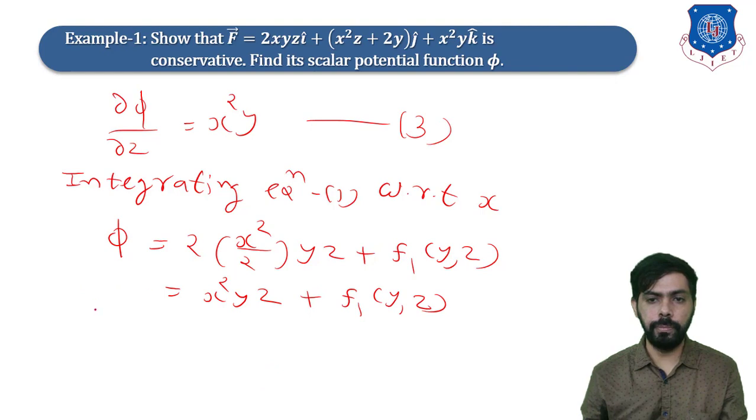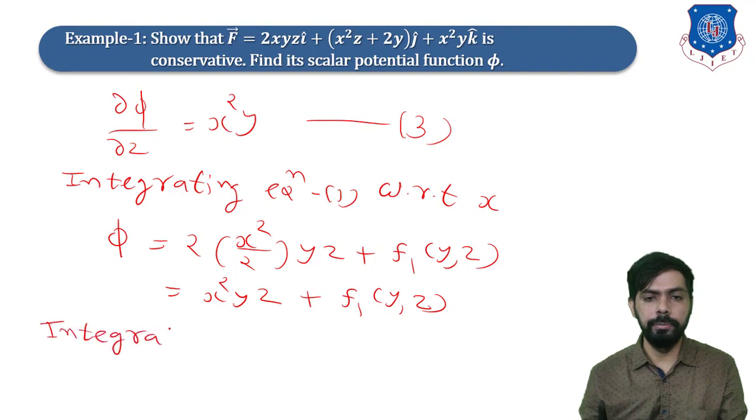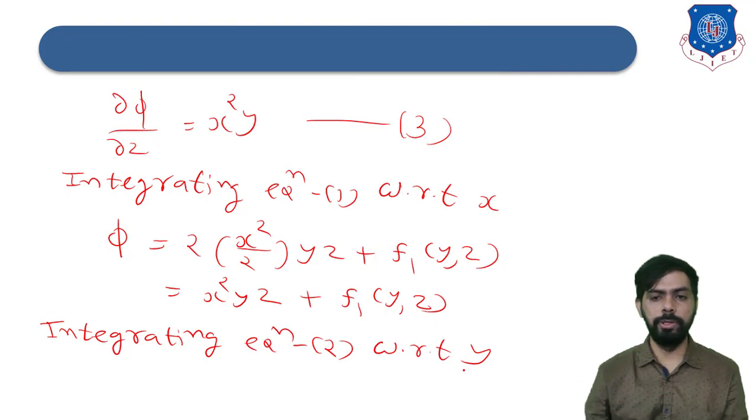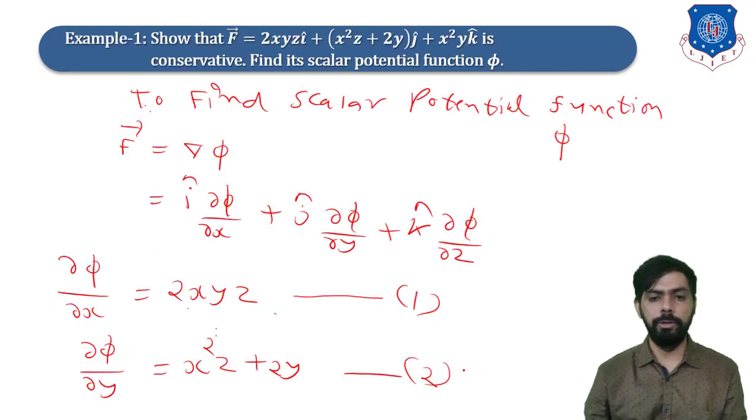Now we will take integration of equation 2 with respect to y. So here if we take integration of equation 2 with respect to y, it will be phi, and here x square z will be as it is because x and z will be constant, and integration of 1 dy will be y plus 2 into y square by 2, because integration of y with respect to y will be y square by 2, plus some function of x and z because here x and z will be constant.